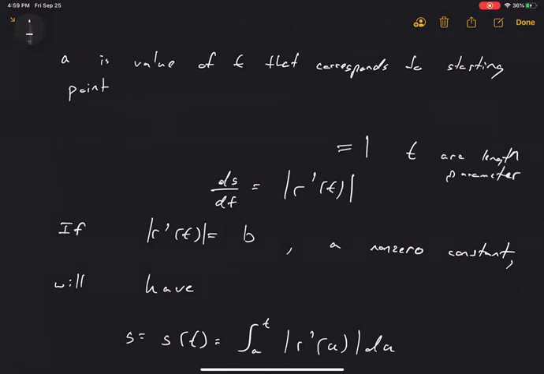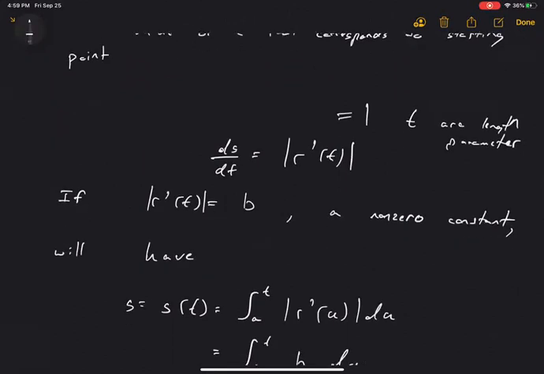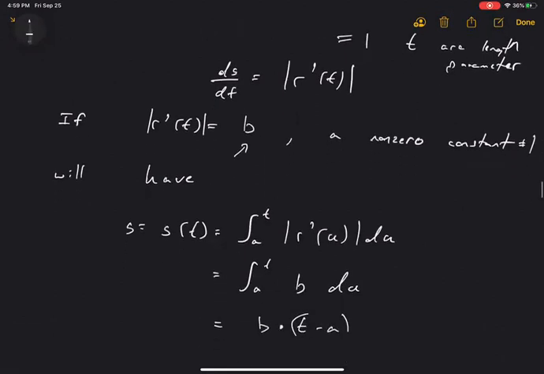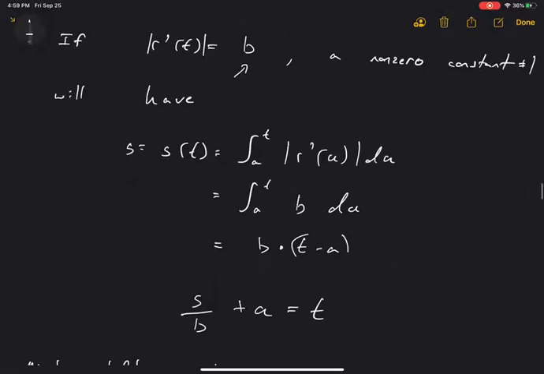Let's assume it's not equal to 1. Let's assume it's some non-zero constant b, not equal to 1. Okay, if that's true, what are we going to have? We're going to have my arc length function, s of t, is equal to this integral, and we're saying this magnitude of r prime, that's just a constant.